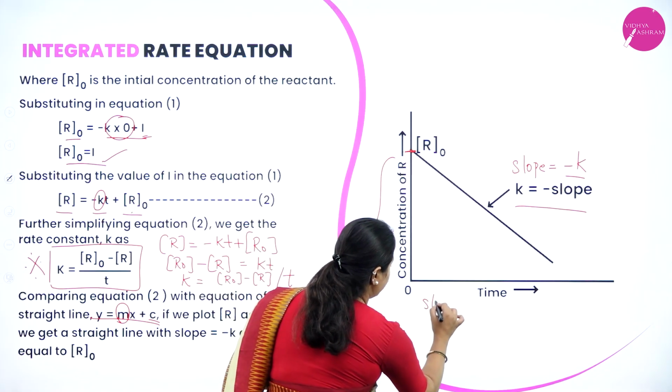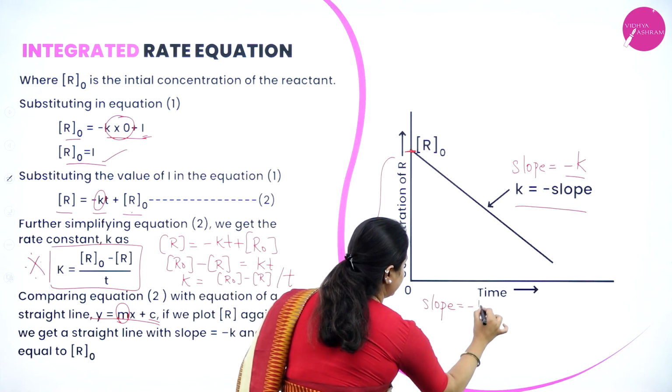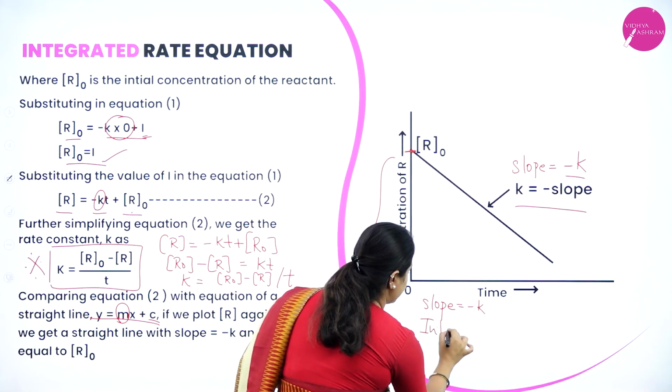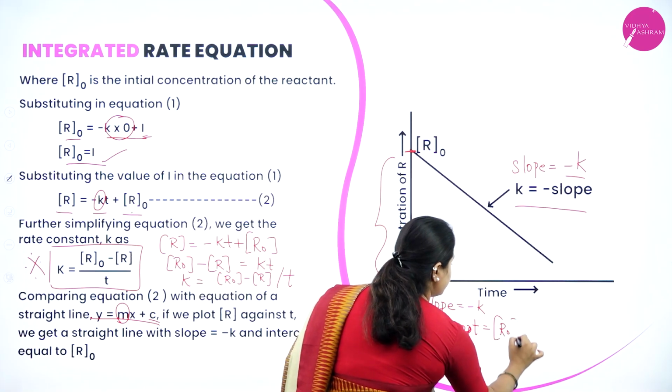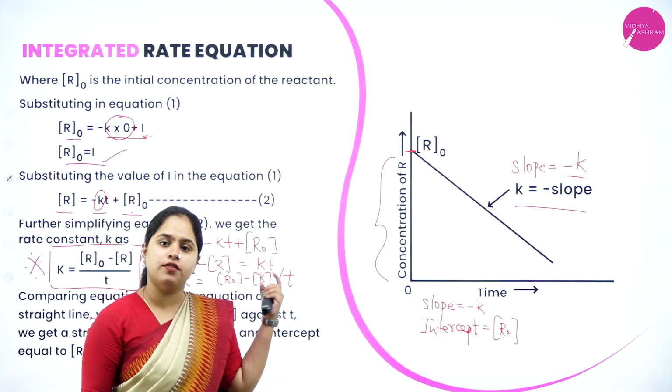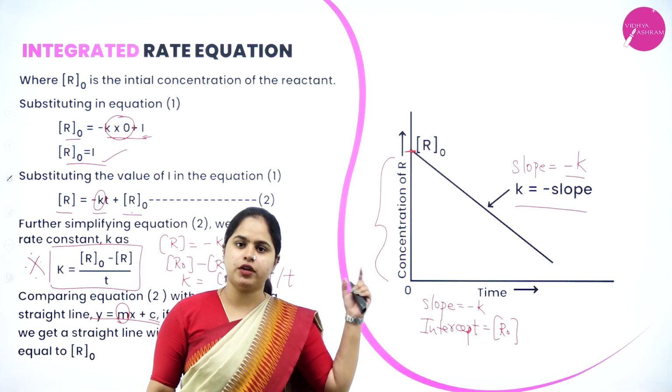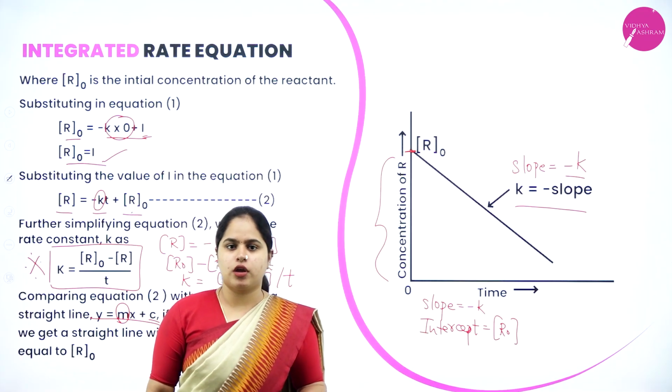So the slope will be equal to minus K and the intercept will be equal to R0. These two quantities we can obtain from the graph between concentration versus time. So I hope it is clear.